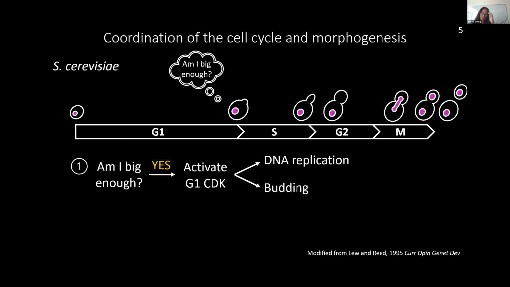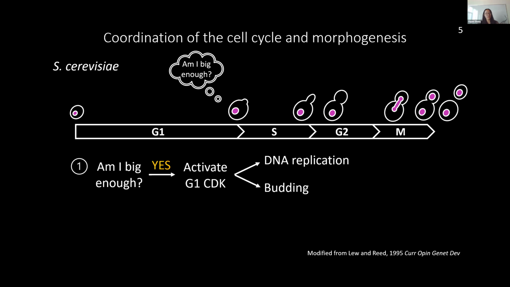Now going further into detail, there are two major, I wouldn't say checkpoints, but regulatory points in the cell cycle where the cell will actually check for its morphology. So one is at this G1/S transition, where the cell will ask, am I big enough? So it monitors its size.